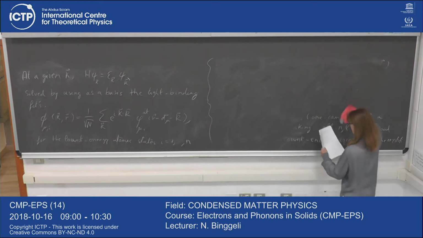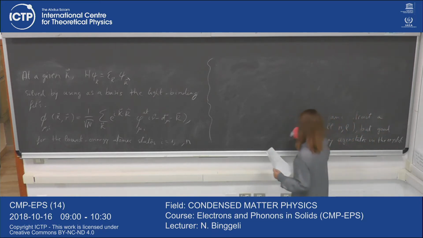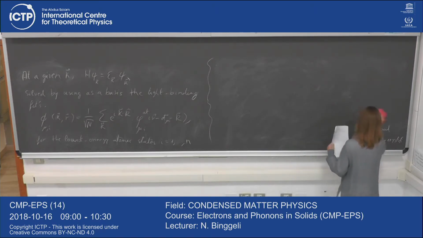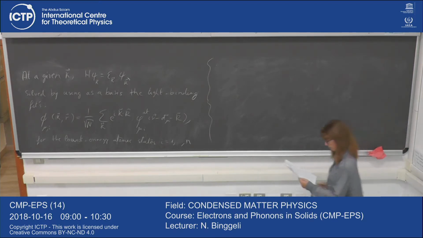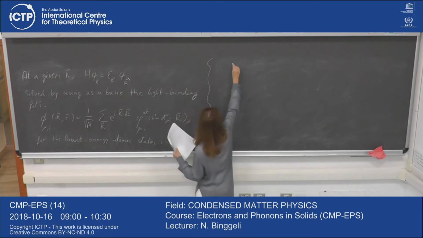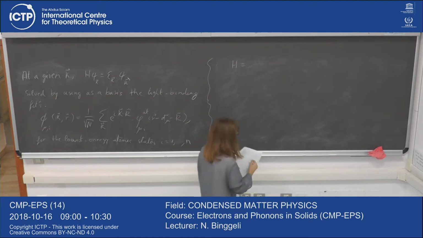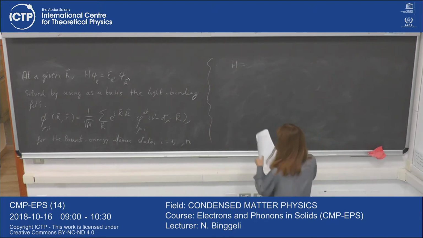And now I need to solve the Schrödinger equation using this basis to expand my crystal state. So the Hamiltonian, as I mentioned, that I will use has as potential a sum of the atomic potential.